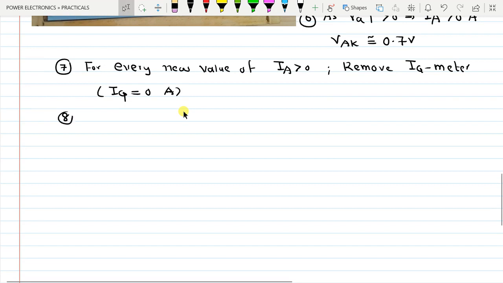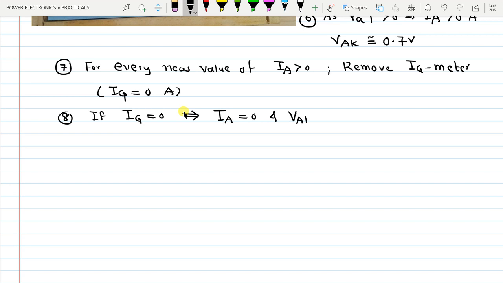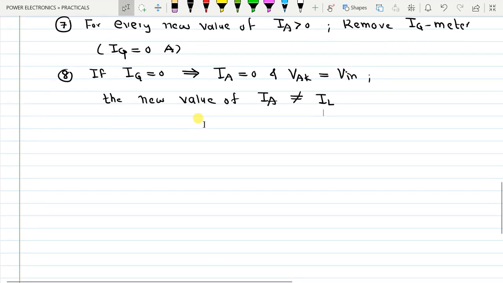Okay, if Ig equal to 0 results in IA falling back to 0 and VAK becoming equal to V in from the value of 0.7, then the new value of IA is not the latching current.